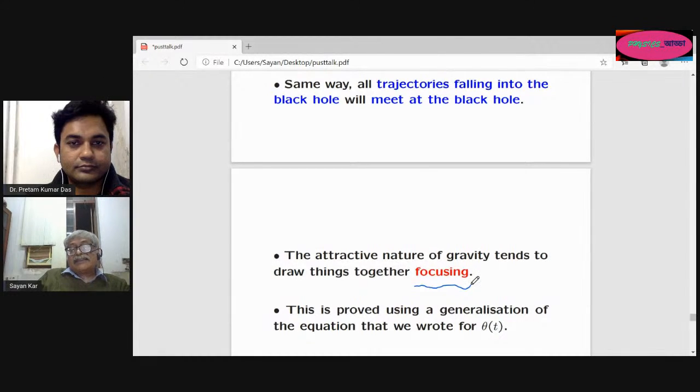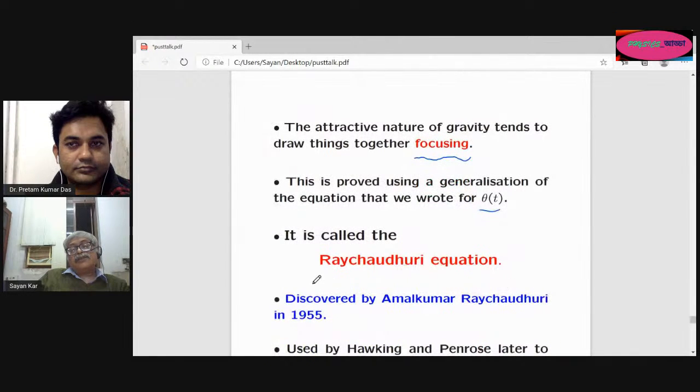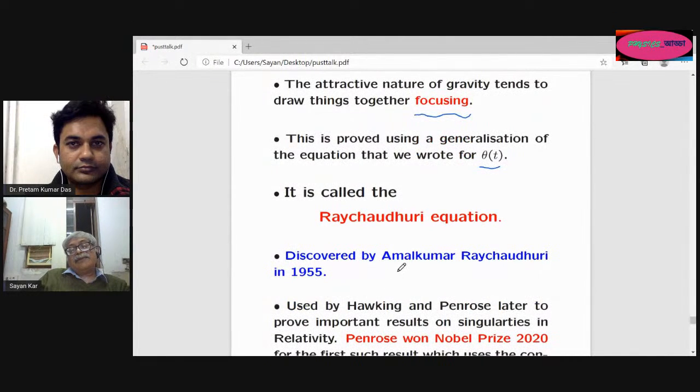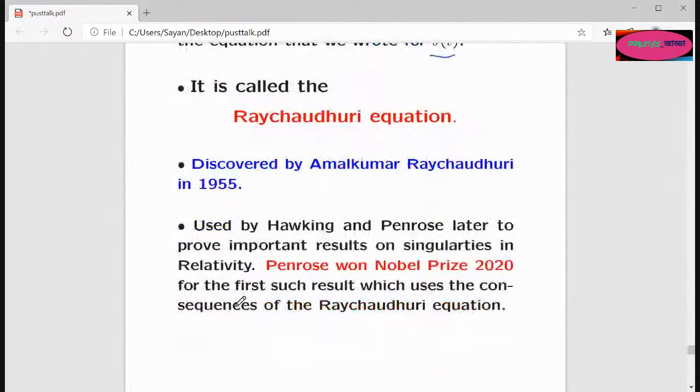Now, the proof of this is actually a generalization of an equation that we wrote down for theta t. This is called the Raychaudhuri equation, which was discovered by Amal Kumar Raychaudhuri in 1955. This equation is fundamental in proving what are called the singularity theorems, or results on singularities in relativity.